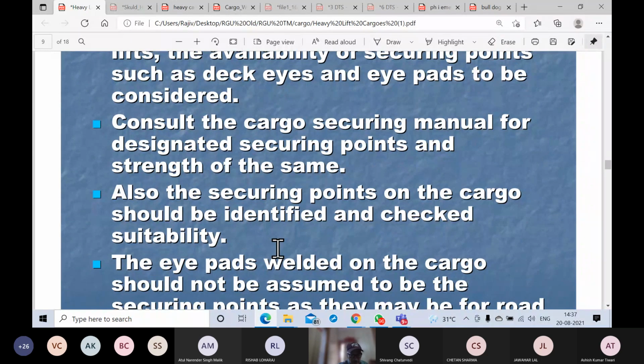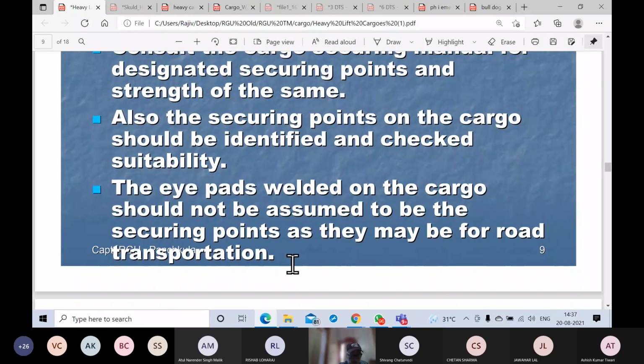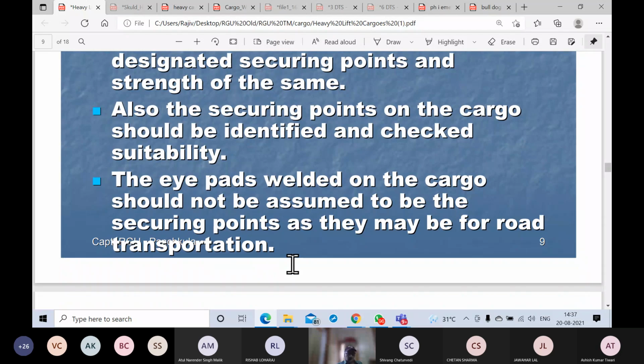The securing points must be identified and should be tested, should be approved securing points. Eye pads welded on the cargo cannot be assumed to be securing points, as those could be only for road transportation. How will we know what are the eye pads welded on the cargo for securing cargo itself for sea transport?